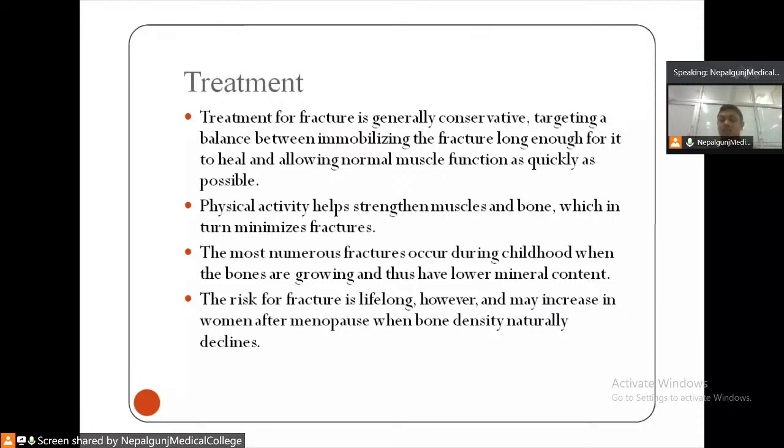So there is a high chance of fracture risk throughout life. It may increase in women after menopause, where the bone density gradually declines.